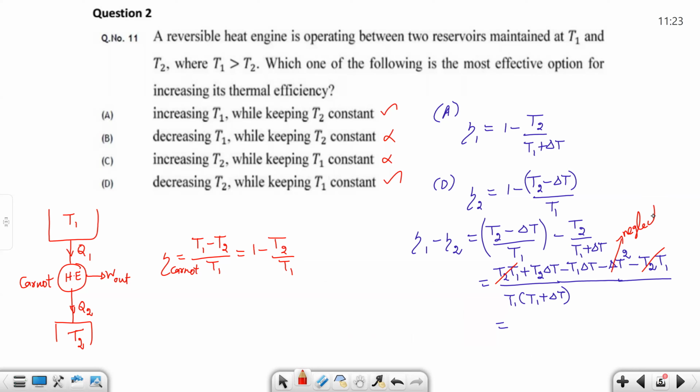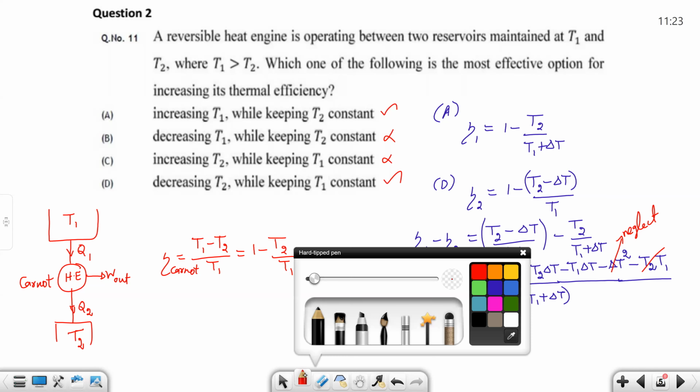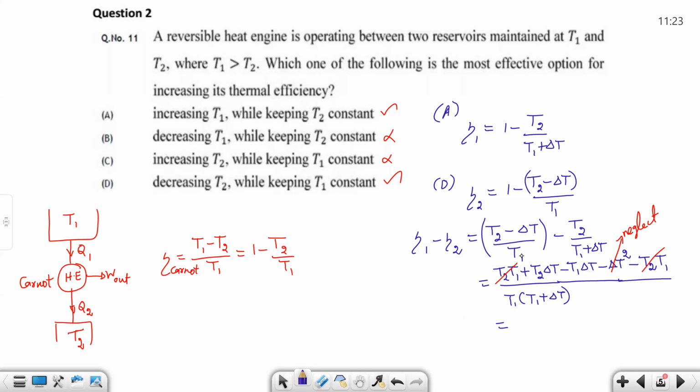We assume that there is a small increment in the temperature, so the square of that will be very small and you can neglect it. So what remains, taking delta T out, is (T2 minus T1) by T1 (T1 plus delta T).